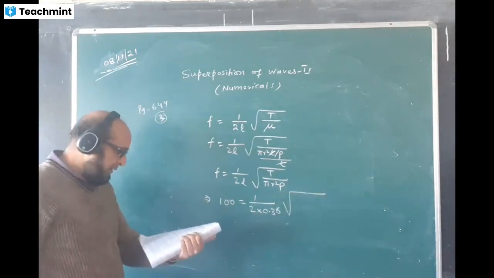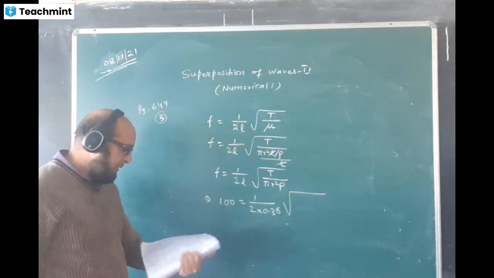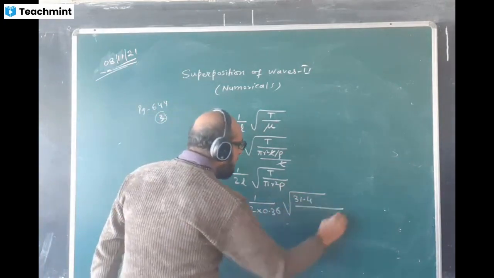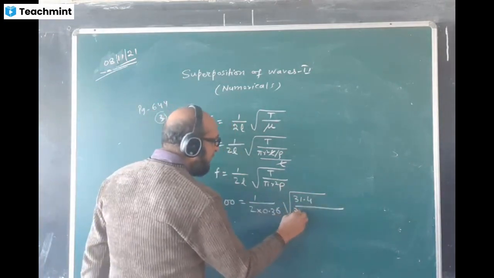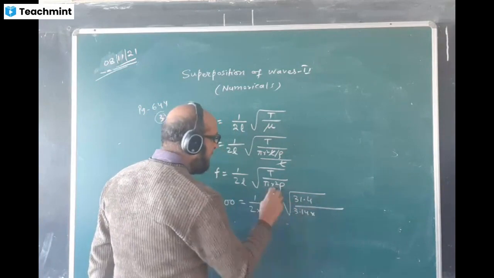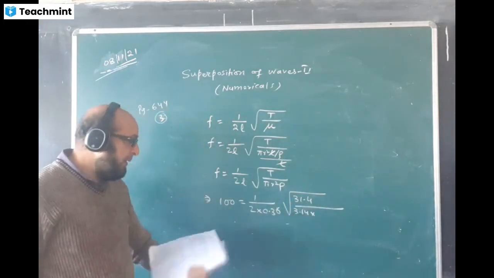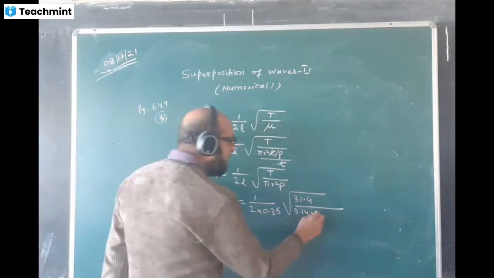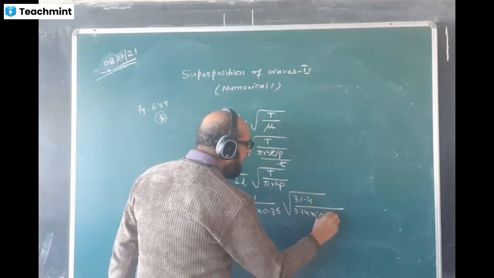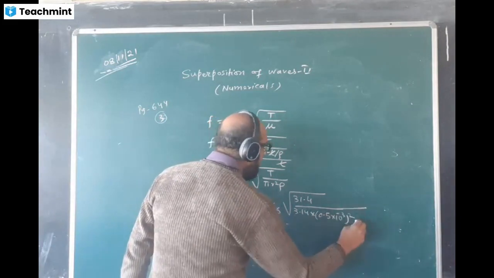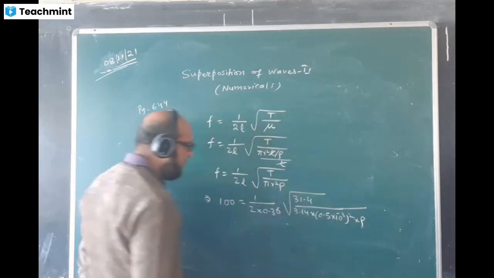Tension in the string is given, 31.4 Newton. Pi value we will put 3.14. Radius: diameter is 1, so radius is 0.5 into 10 to the minus 3, changing to meter, into rho which is unknown.